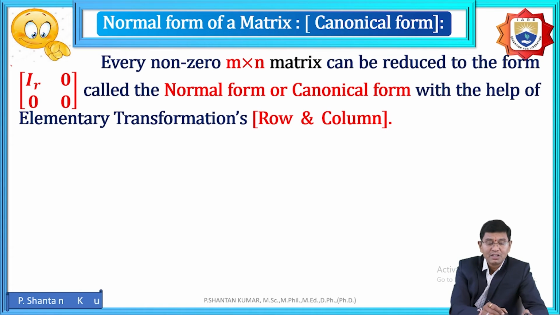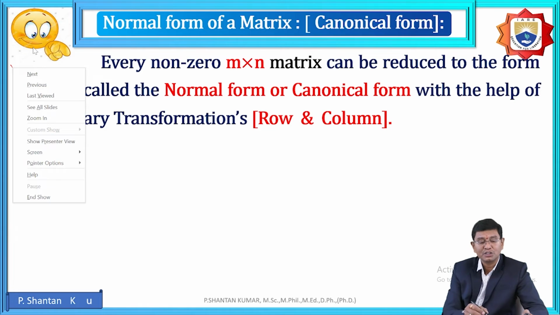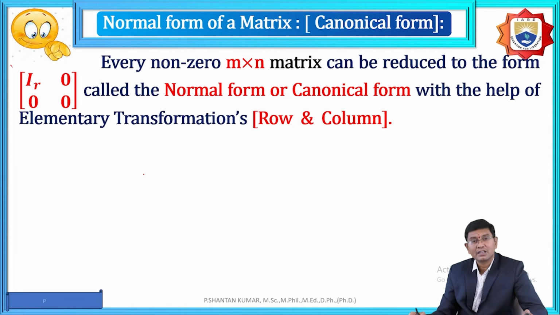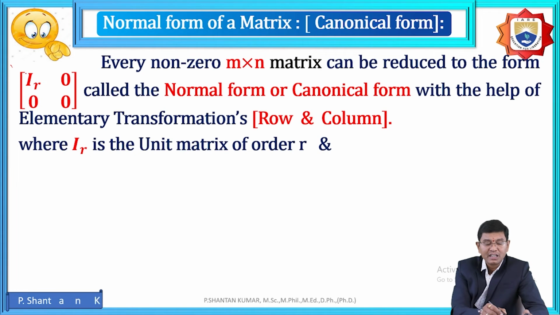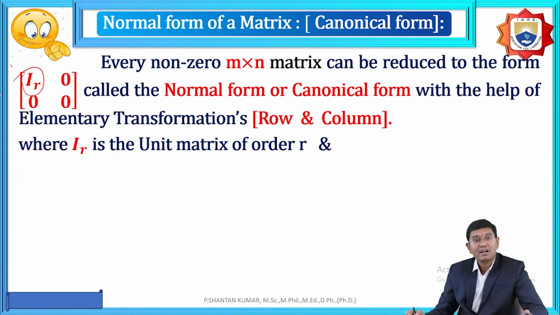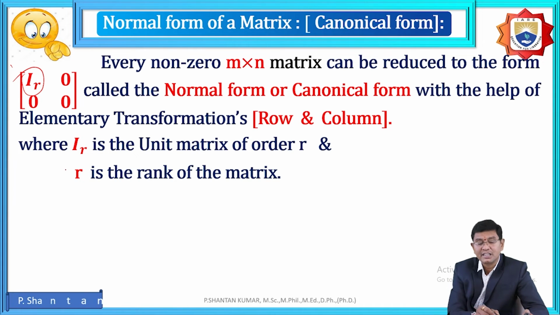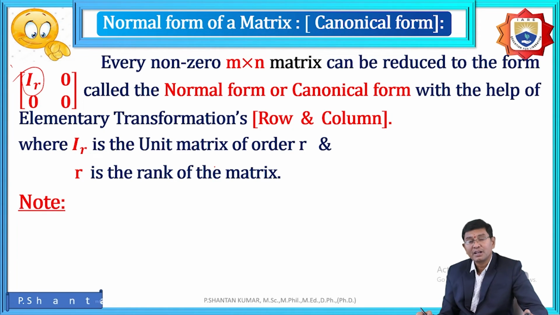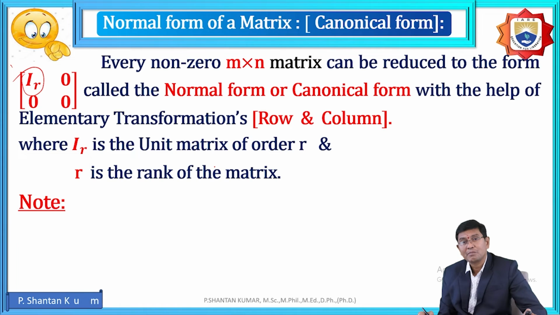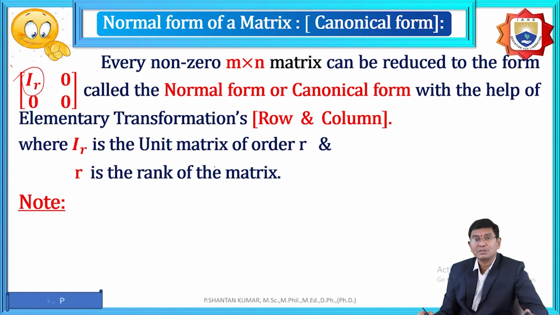Based on such row and column operations, we reduce the matrix to the standard form. This is not the only standard form [I_r 0; 0 0]; other standard forms are also there, where I_r is a unit matrix of order r, and r is the rank of the matrix. With row and column operations, we reduce it to other standard types.